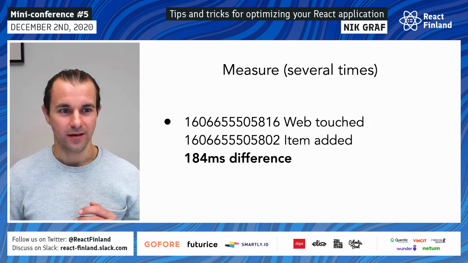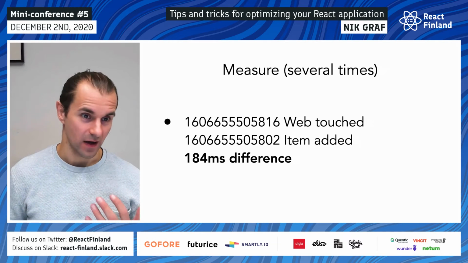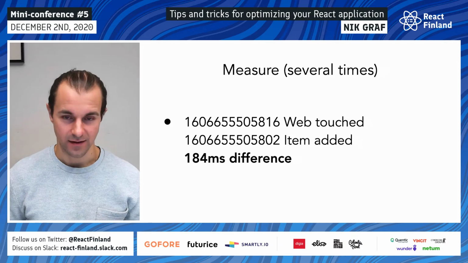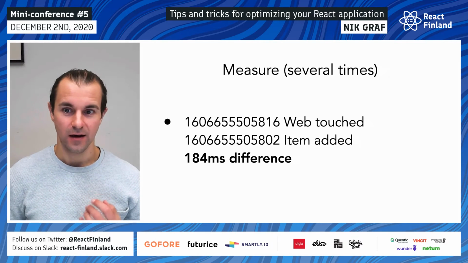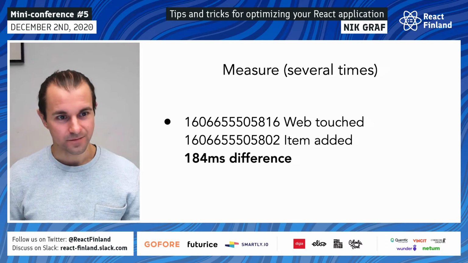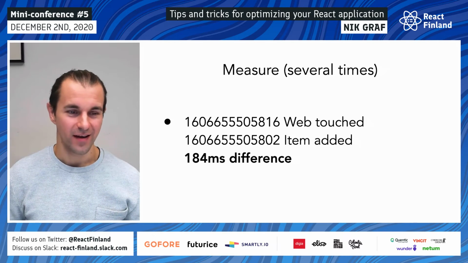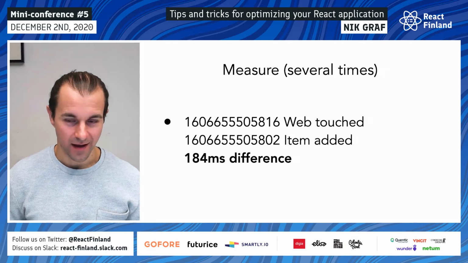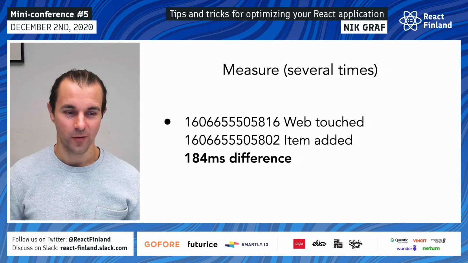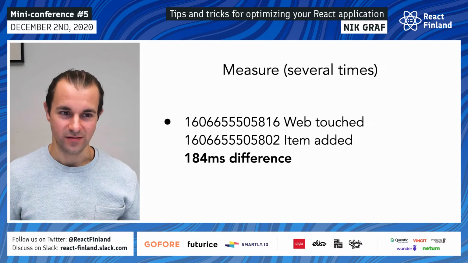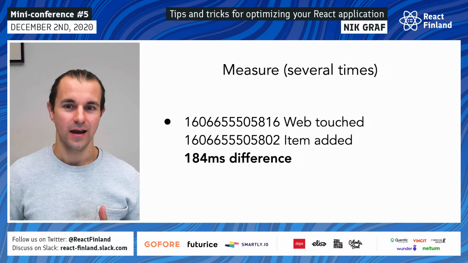The difference here was 184 milliseconds, and it was constant in this time frame, and this is bad. There was no network request involved. This was just client side, and you already have a delay of 180 milliseconds. This was definitely too long.